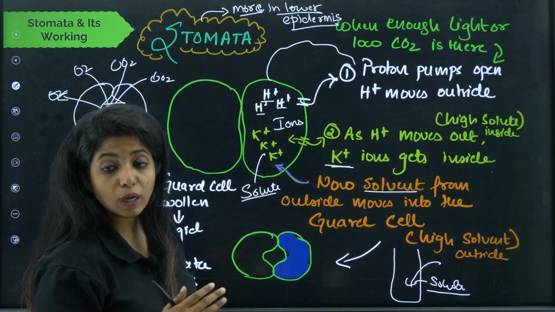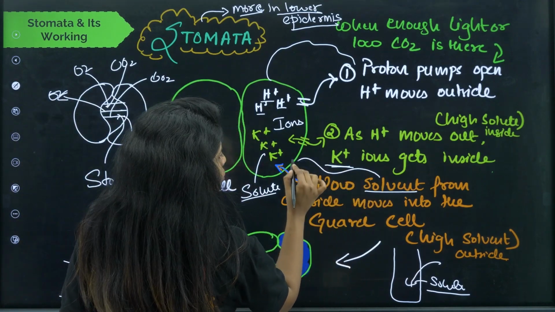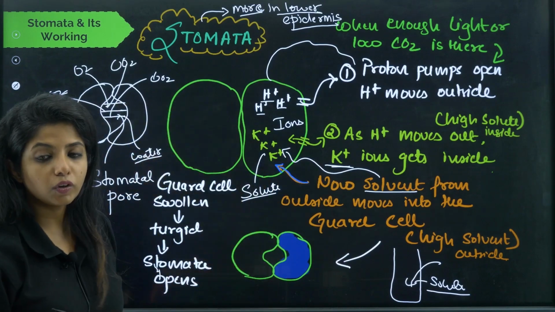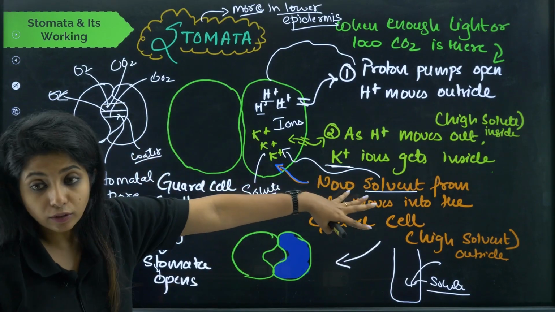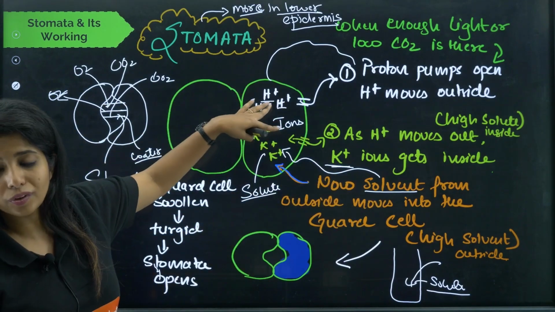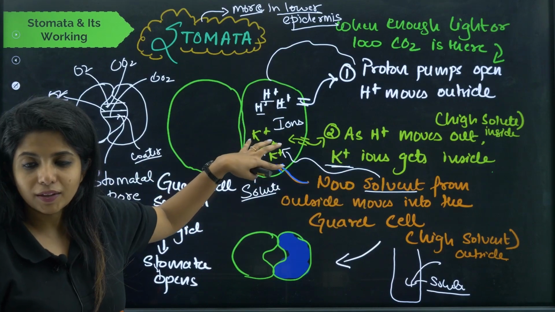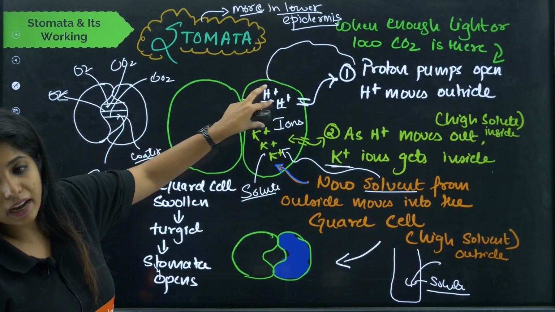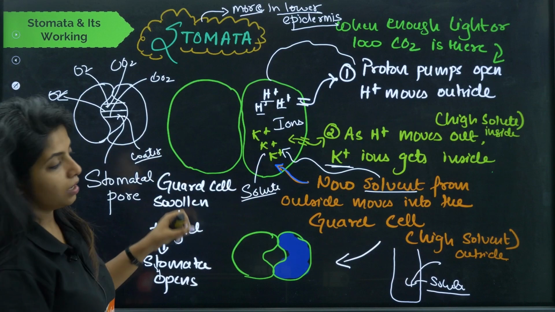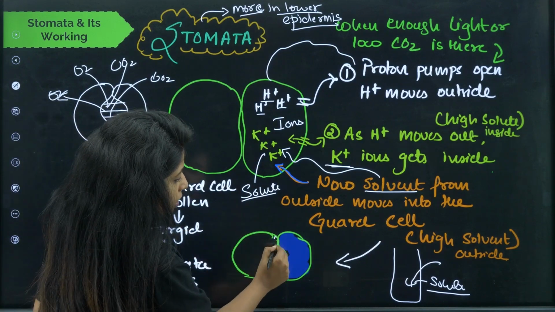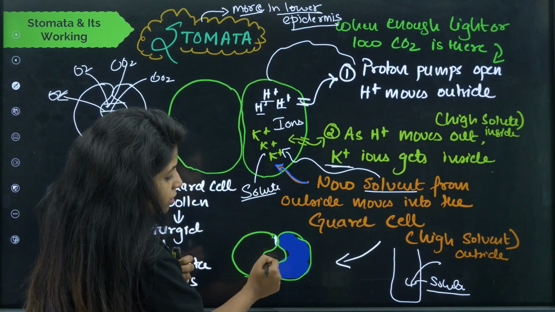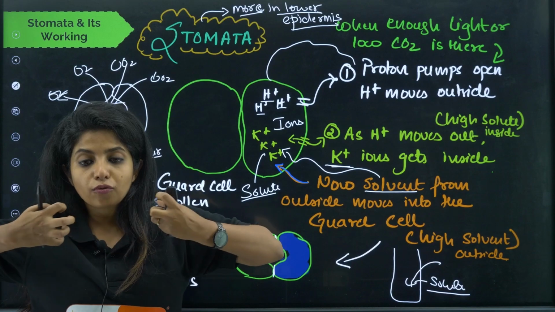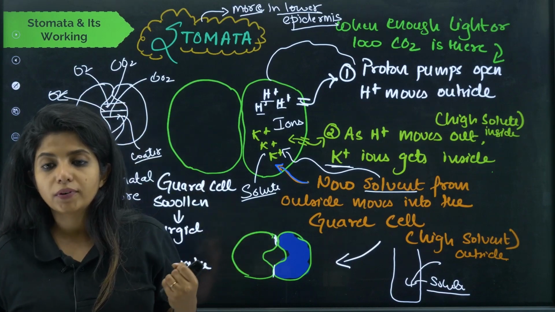Solvent always moves from a region of higher concentration to a region of lower concentration. So the water outside, seeing that there are too many ions inside, will come inside. When the water comes in, the guard cells, which are supported at the ends but not in between, get swollen and open up.